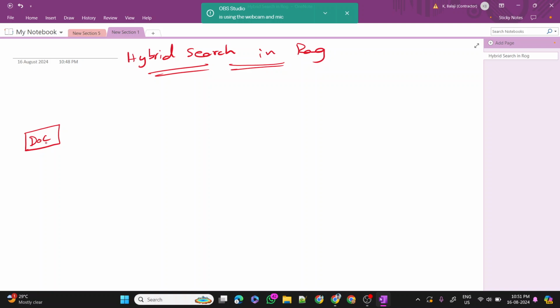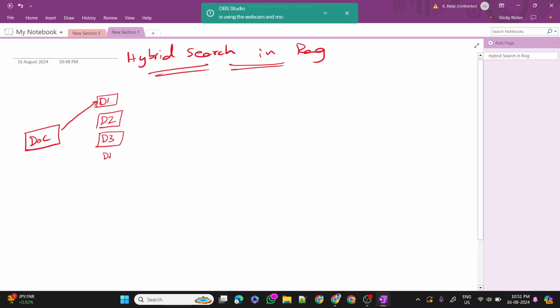So the LLM needs to answer the questions based on the content in the document. To train this LLM, first we split this document into some chunk files, into some small pieces. The small pieces are called chunks.